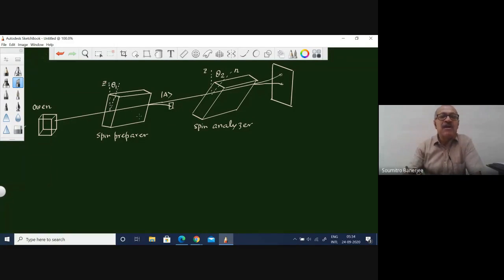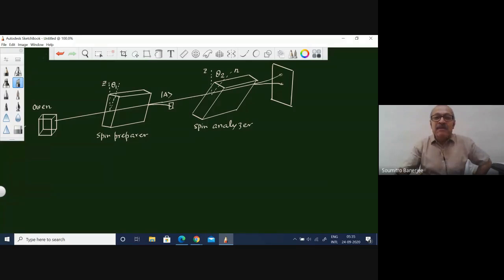So I'm considering any arbitrary spin state. That means this spin preparer blocks off one beam and allows one beam to pass. So that is basically, it has been prepared in the state A, which is up in this particular direction. Okay.